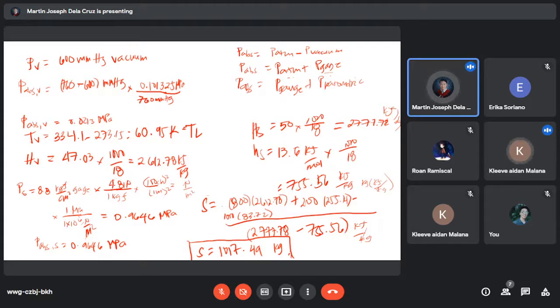So, cancel, centimeter squared, kaya may Newton per meter squared tayo. And then, cancel natin si Newton, and then meters.